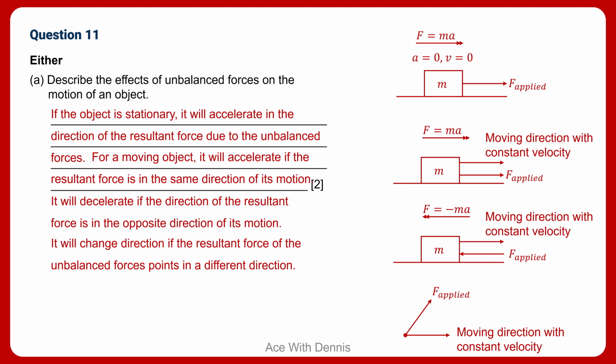Now, when the applied force is in this direction, where is the resultant force? So we can draw the parallelogram. We draw one line here and a line here. So this will be the resultant force. As you can see, the moving object will change direction if the resultant force of the unbalanced force is pointing in a different direction.